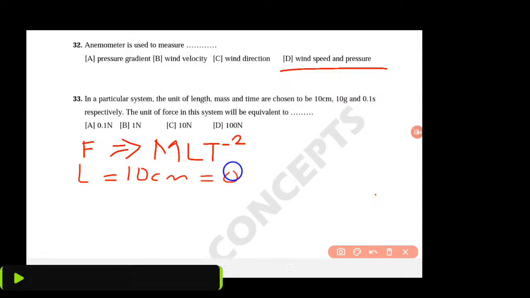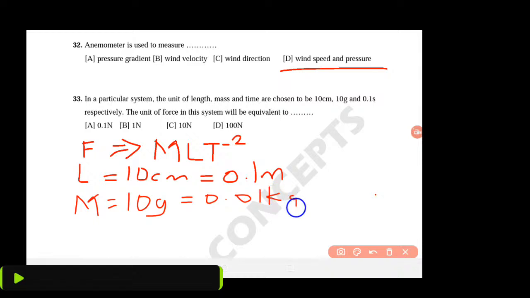Our mass, which is 10 gram, taking that to kilogram, you divide by 1000, and that will be 0.01 kilogram. And our time is 0.1 seconds.